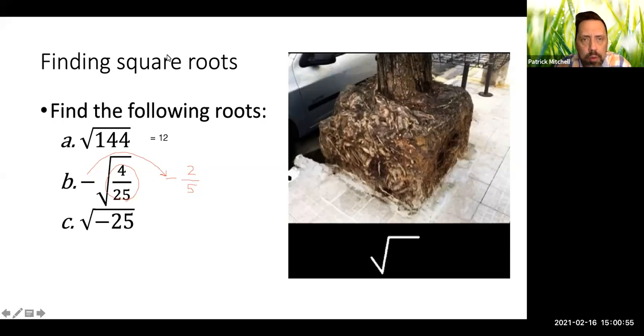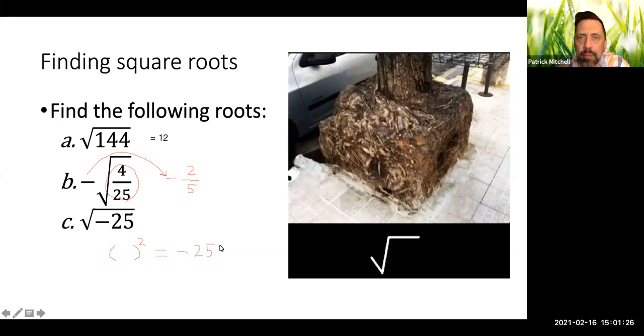Now, what's the difference between that and something like letter C? Well, in letter C, we would be looking for a number such that when you multiply it by itself, you get negative 25. And if you're scratching your head and thinking, wait a minute, that doesn't really compute, then you're exactly right, because whenever you multiply a real number by itself, the answer will never be negative.